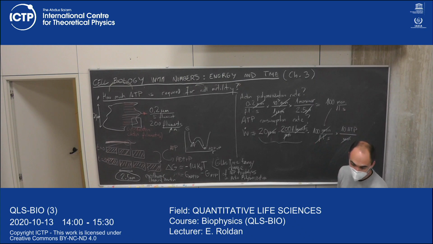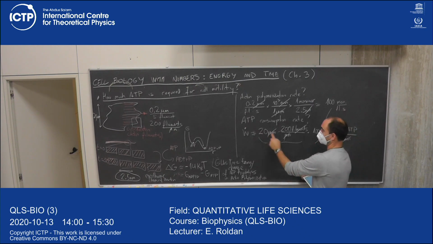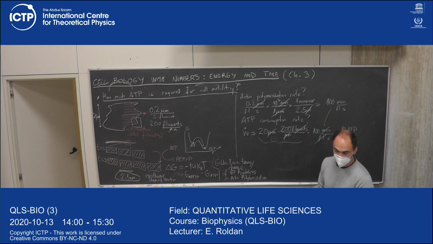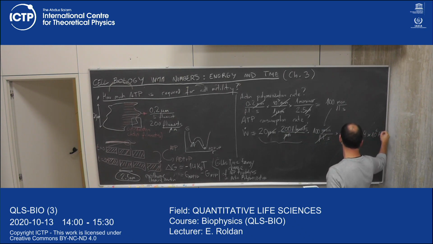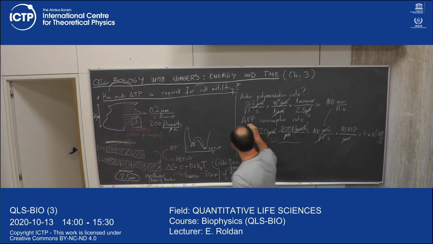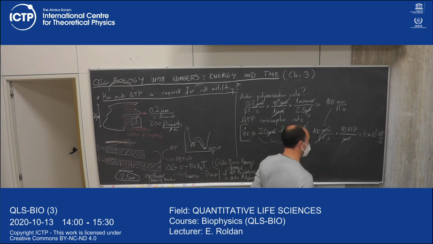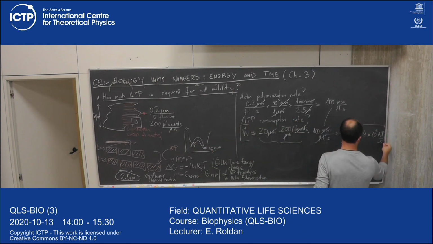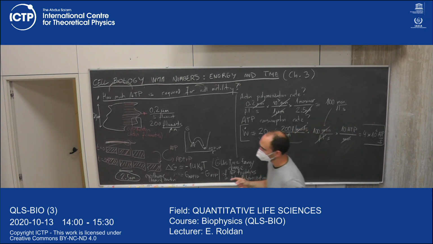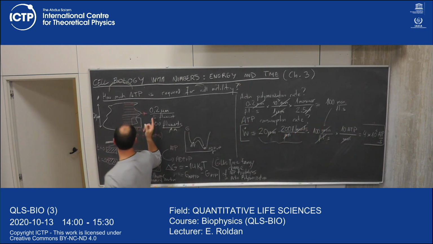You should be able to do this without calculating. 20 times 200 is 4 times 10 to the 3, 10 to the 5, 10 to the 6. So it's 4 times 10 to the 6 ATPs per second. That's the answer. So this cell needs 4 million ATPs per second to move at this speed.